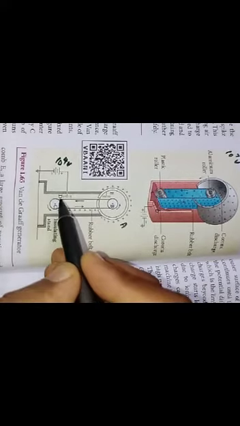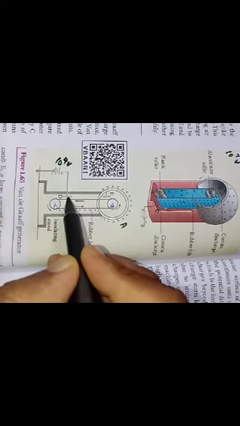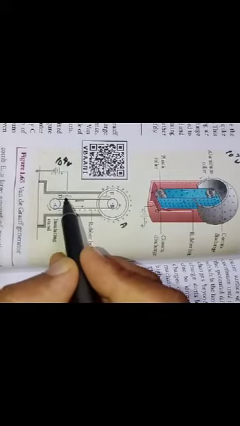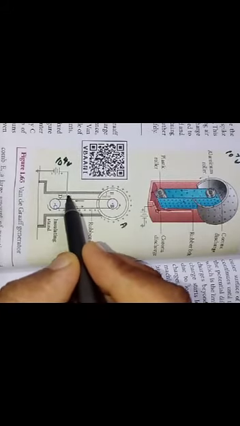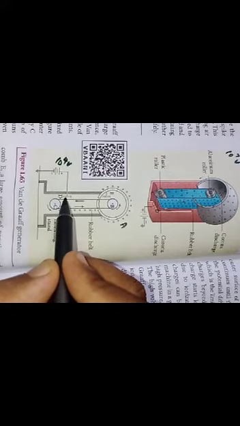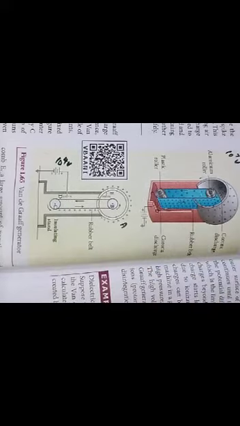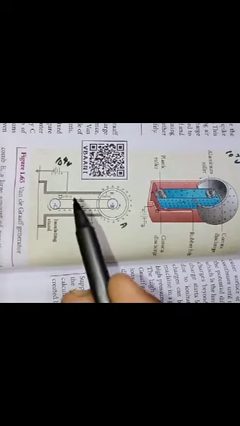This produces positive ions and negative ions. The negative ions are attracted by the sharp edge, because it has positive charges. The positive ions are repelled from the sharp edge.